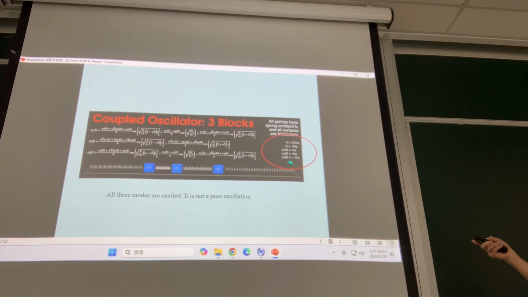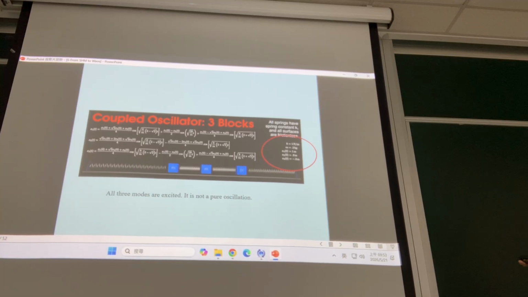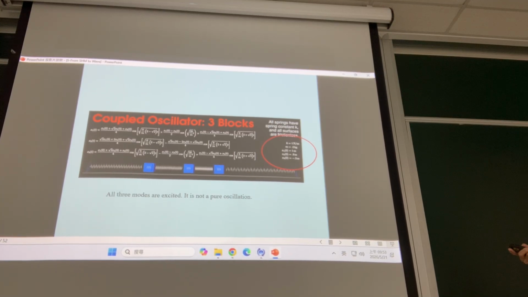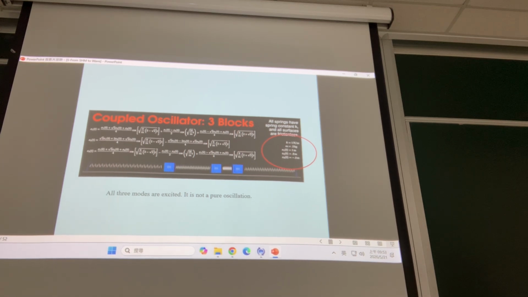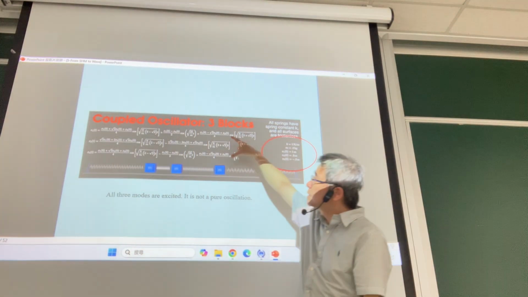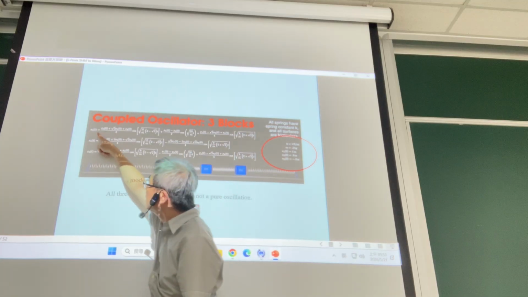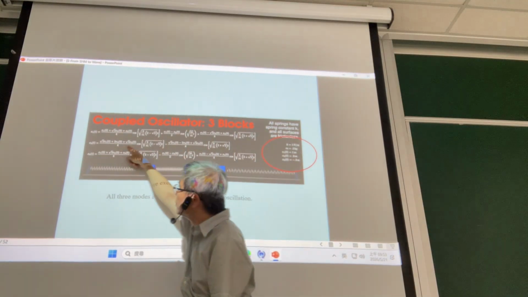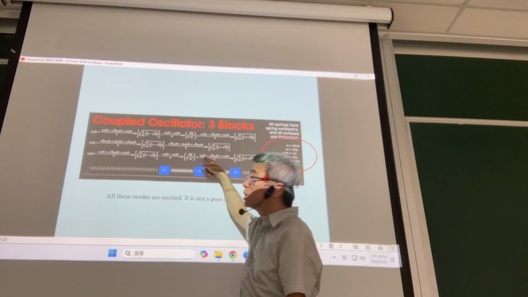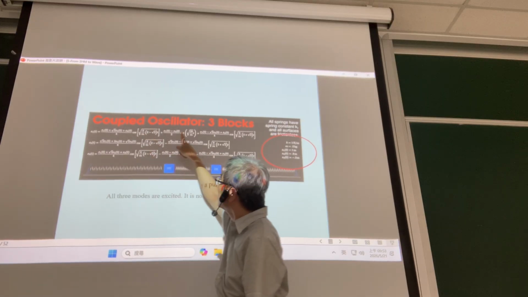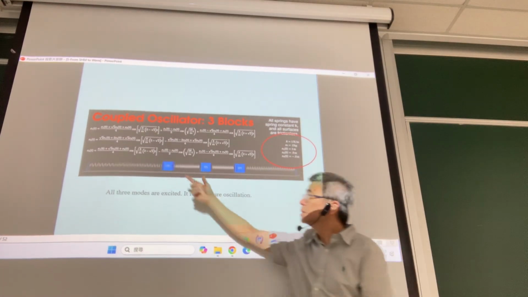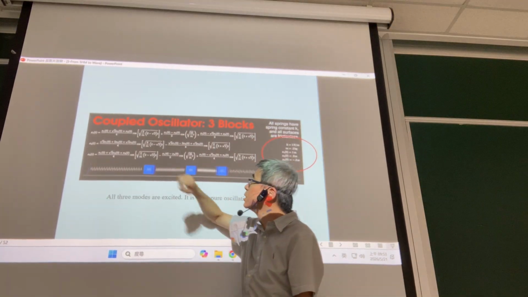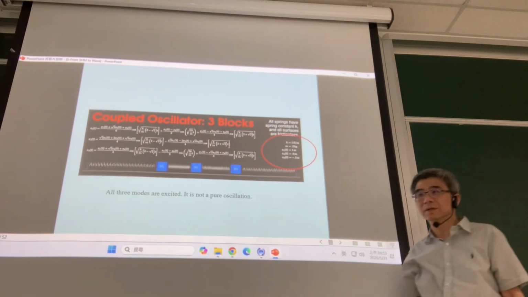So it excited all three of the oscillating modes. Okay, so you can see that's what happened. It's not a pure oscillating mode. Here, the professor also lists x1, x2, and x3. You can see this is the first mode, the second mode, and the third mode. So this oscillation is a linear combination of all three pure oscillating modes.